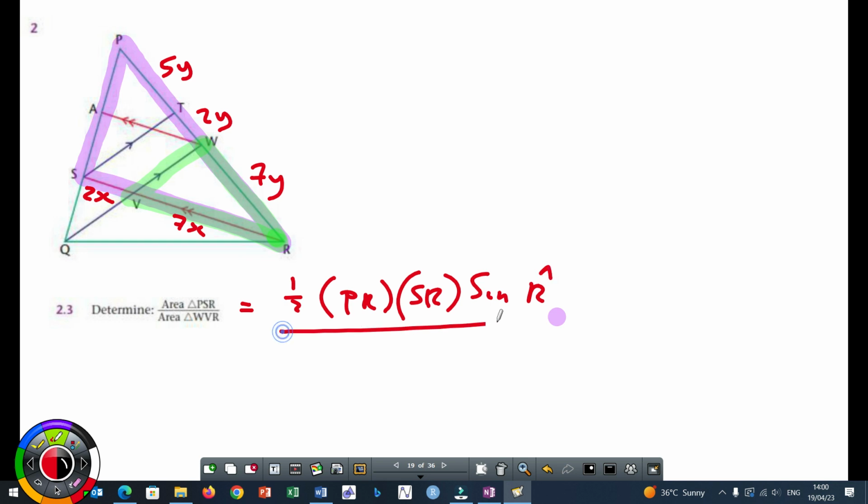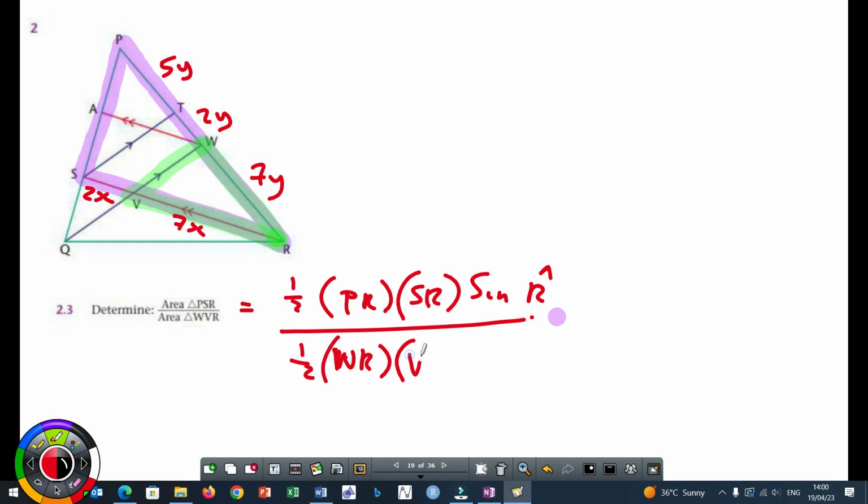So, the area of PSR is going to be equal to half times PR times SR times sine R, all over half times, in this case, WR times VR times sine R. Sorry, I was supposed to put WR here.